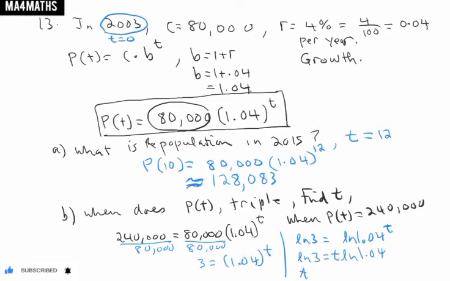And T is log 3 divided by log of 1.04. And what is this T equal to? So you guys got 28.011. All right.